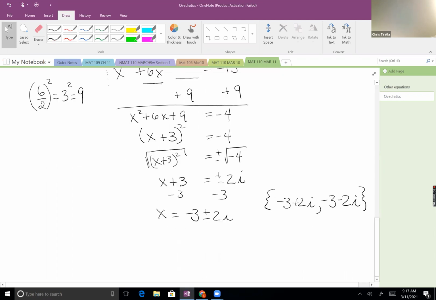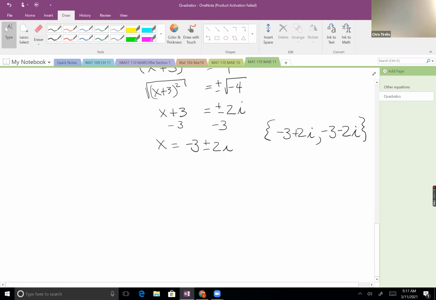Because once you start getting into taking half of an odd number and squaring it, you start getting into fractions. And that can be a little involved. So let's look at what we could do in those cases. And so let's go through and let's solve using the quadratic formula.